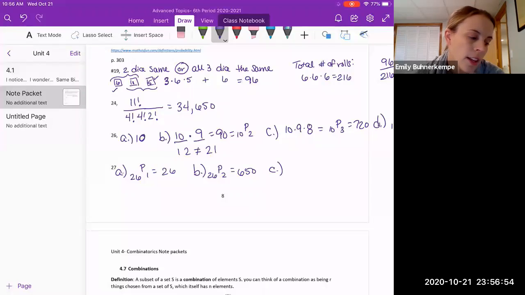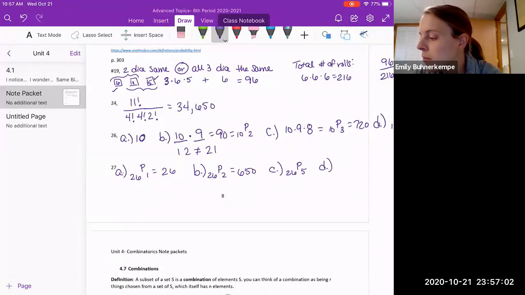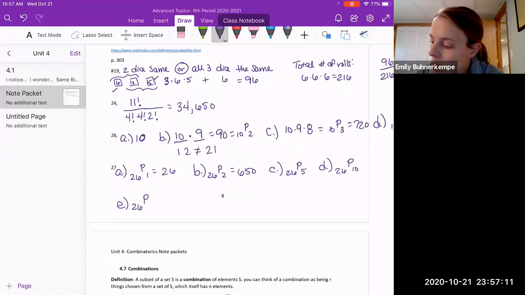A 5-letter PIN would be 26 permute 5. A 10-letter PIN, 26 permute 10. A 26-letter PIN, you could either write 26 factorial or 26 permute 26.